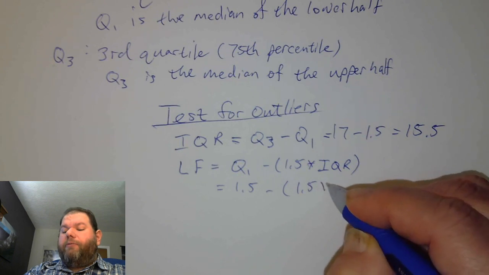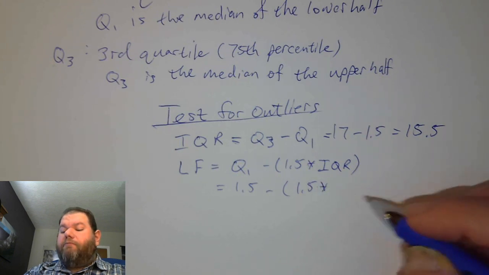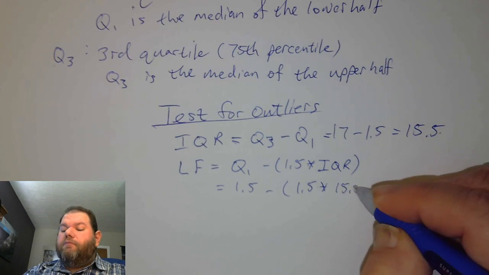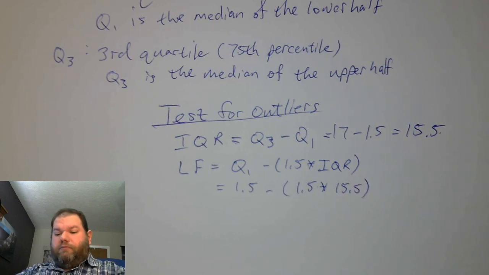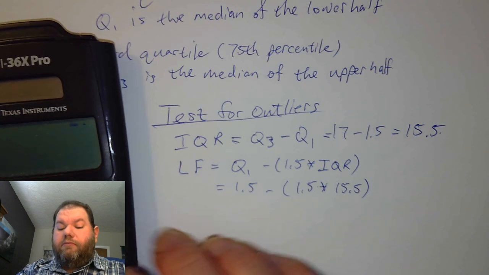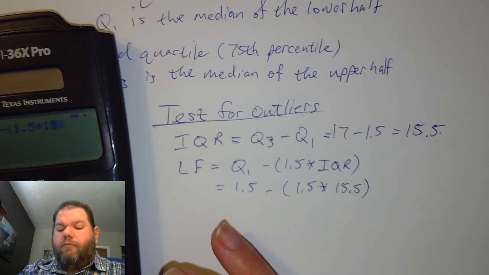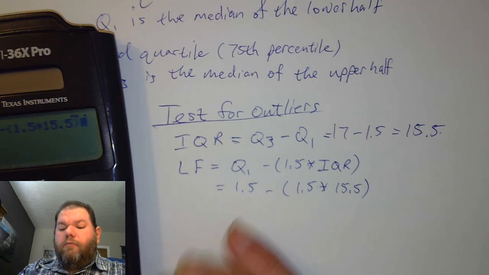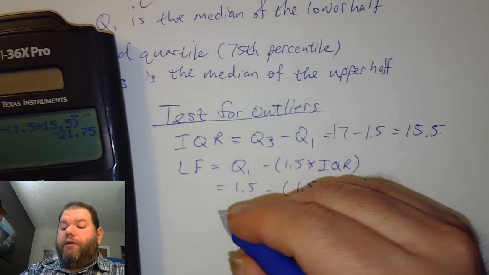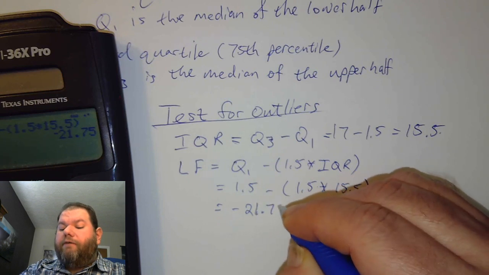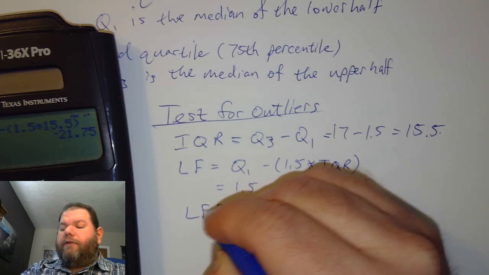And from that we want to subtract 1.5 times 15.5. So that gives us a value of negative 21.75. And that's our lower fence.